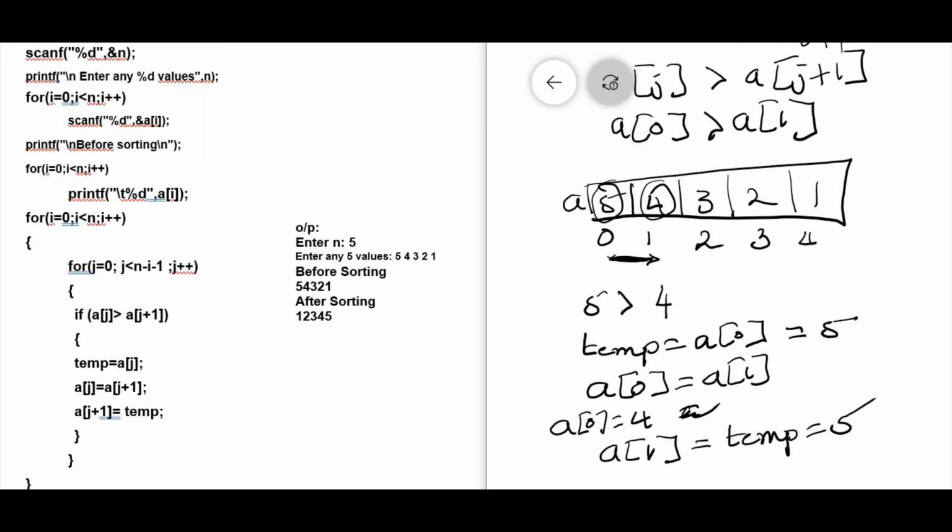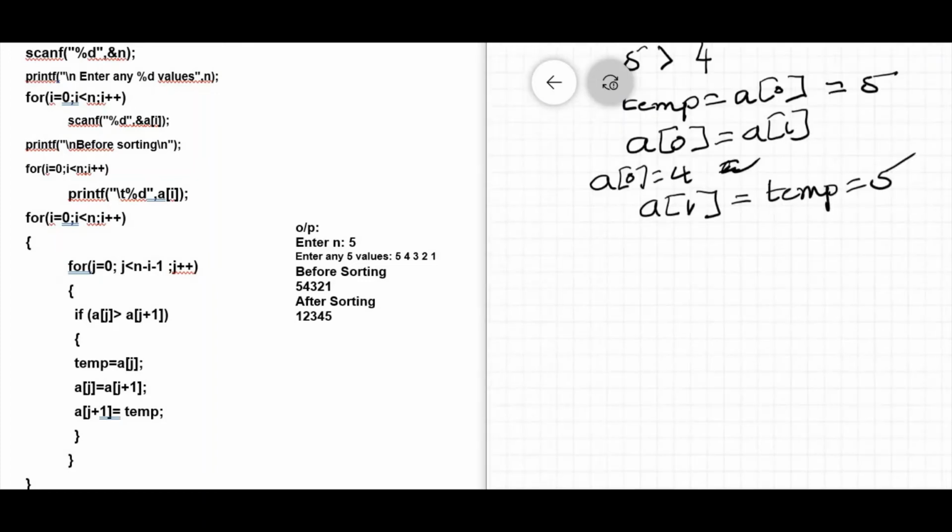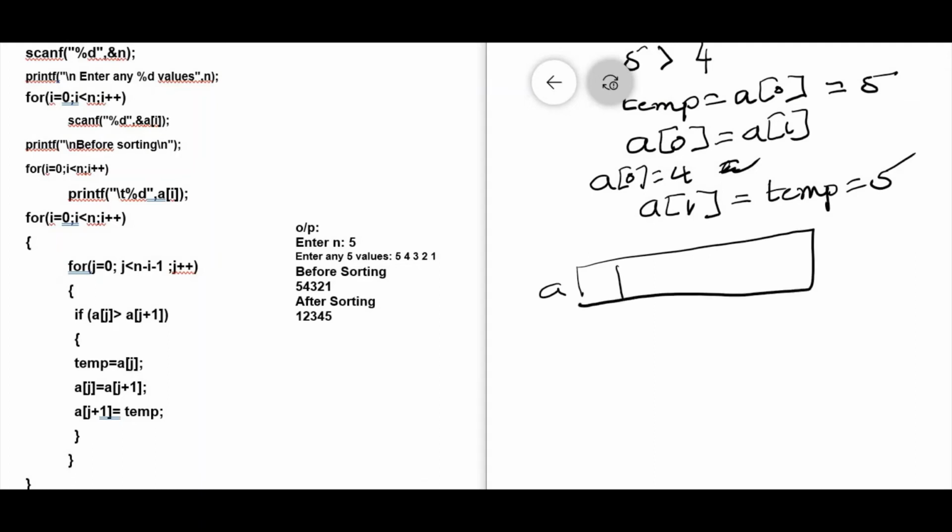So what did we achieve by doing so? We just exchanged the values. From a of 0 the value is transferred to a of 1, and a of 1's value is transferred to a of 0. So at the end of this iteration, the content of the array now becomes 4, 5, 3, 2 and 1.